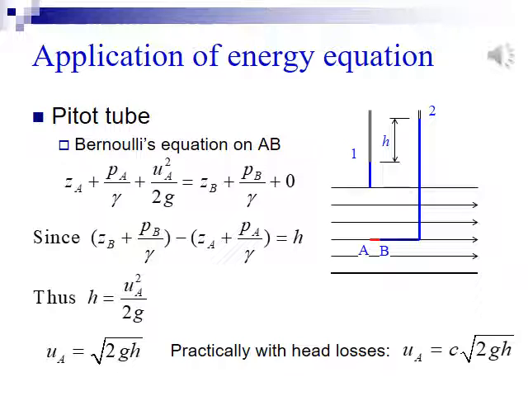Point B is on the end of tube 2. So velocity UB is 0, and in tube 2, the piezometric head is equal everywhere, including at the end point B. It's just the water top in the tube.